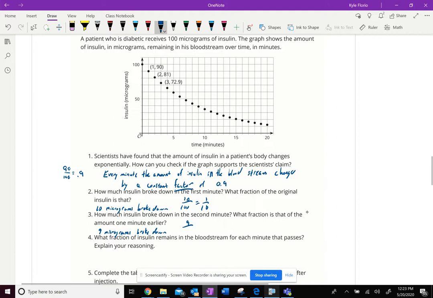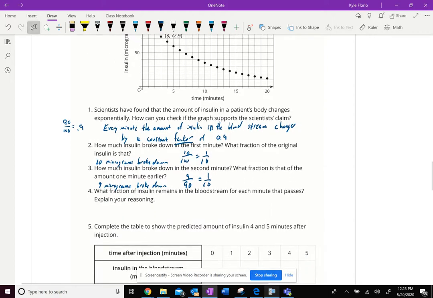And we can simplify that to 1/10. Divide the top and bottom by 9, right? So 1/10 of the micrograms broke down.